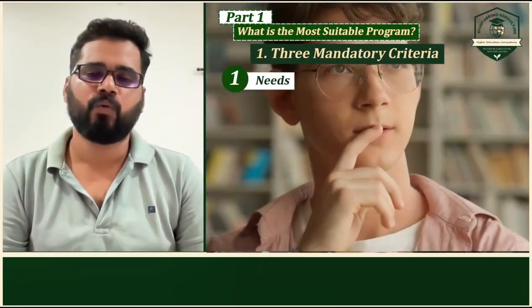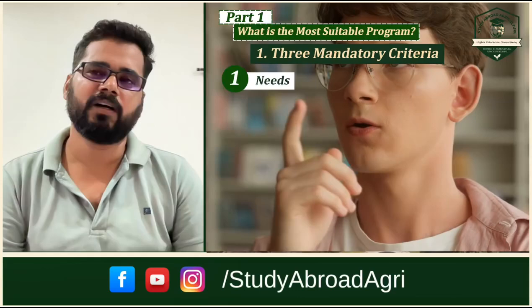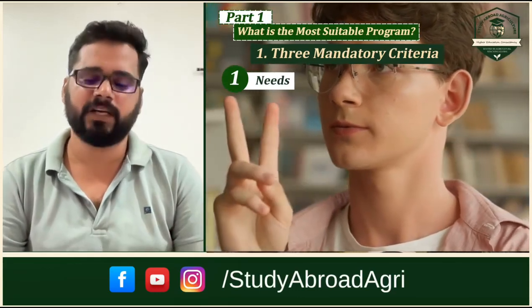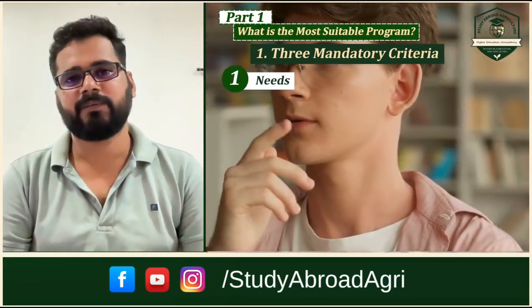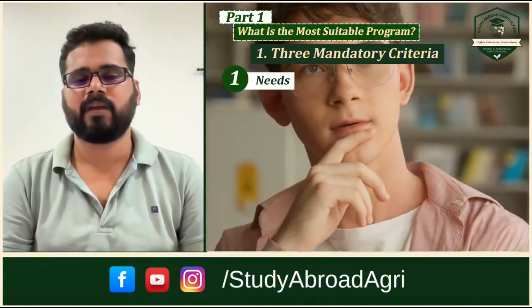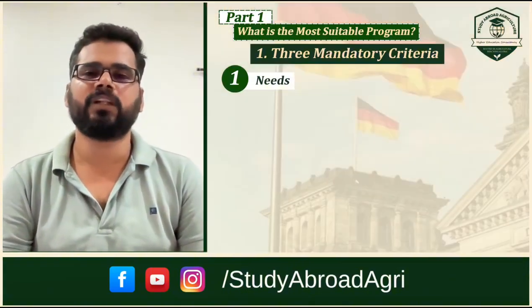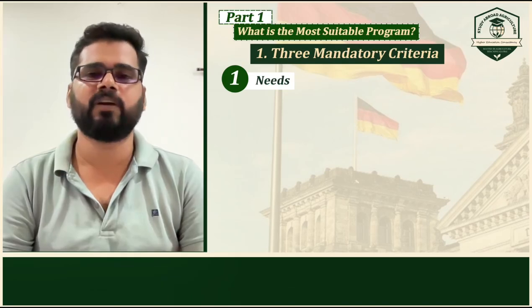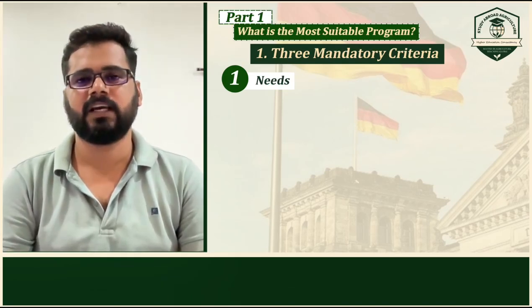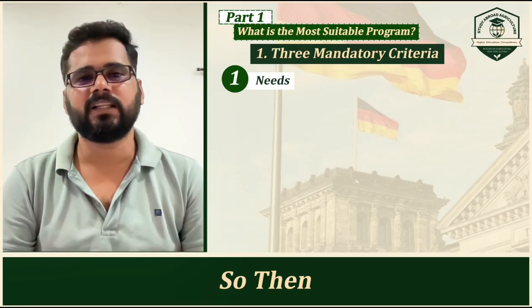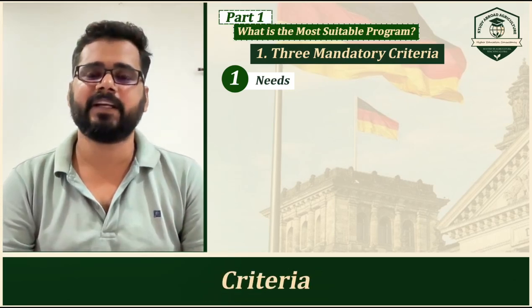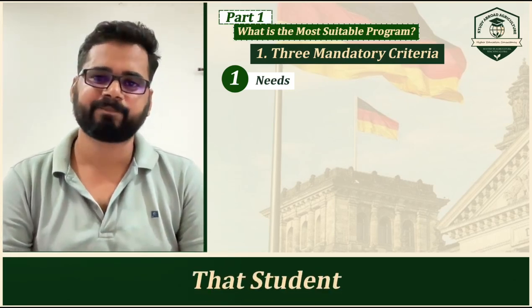For example, one student has a future aspiration for crop protection. He will only join a crop protection related program and will not go for soil sciences at any cost. This is the need, or mandatory criterion, decided by that student.